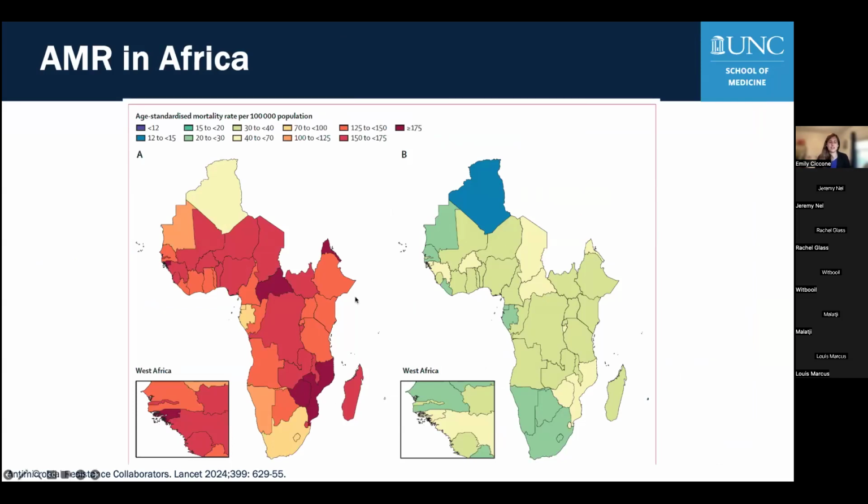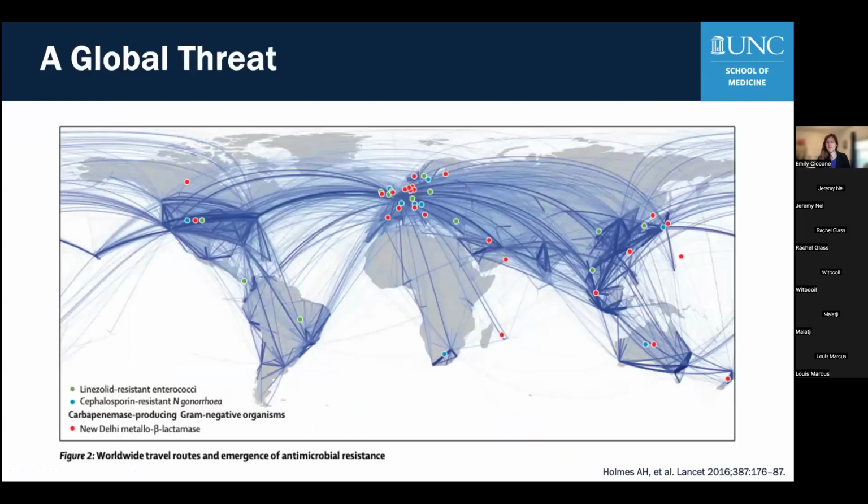As you can see, there are high mortality rates in Central African Republic, Zimbabwe, Mozambique, and South Africa, between 40 and 70 deaths per 100,000 population associated with antimicrobial resistance just in 1 year. So certainly a very common and growing problem throughout the world.